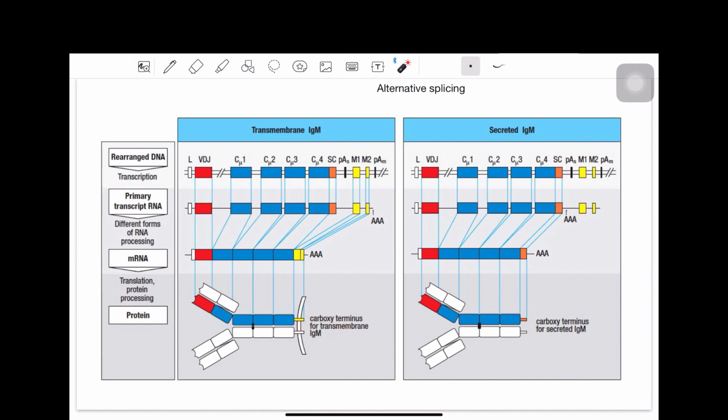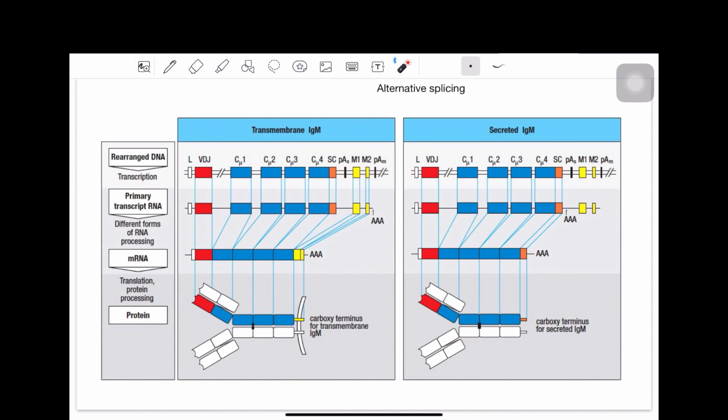Since we do not require these hydrophobic amino acids at the carboxy terminus of the secreted IgM, these two are spliced out, and therefore the carboxy terminus of the secreted IgM contains hydrophilic amino acid residues.